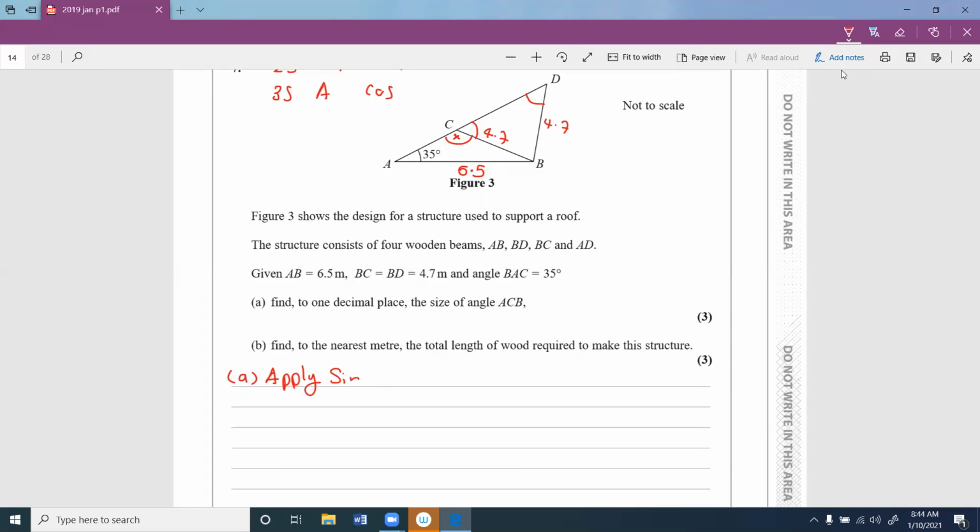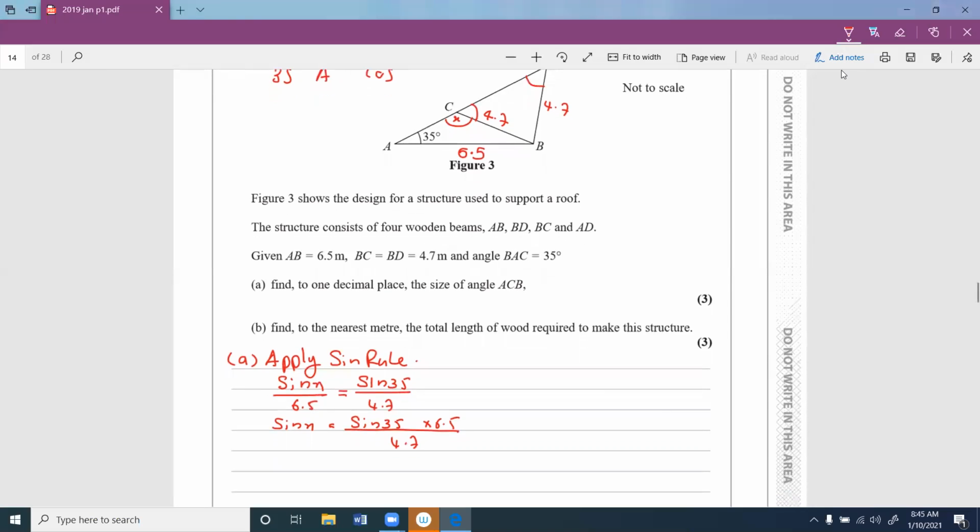Sine x divided by 6.5 is equal to sine 35 divided by 4.7. With that you can say sine x is equal to sine 35 into 6.5, I just multiply over here, divided by 4.7. So with that you get the answer.